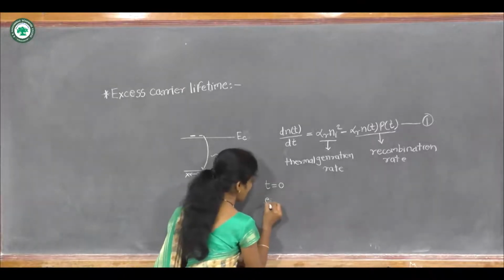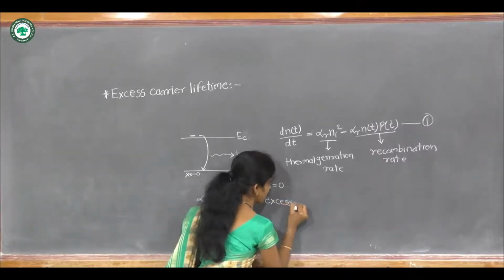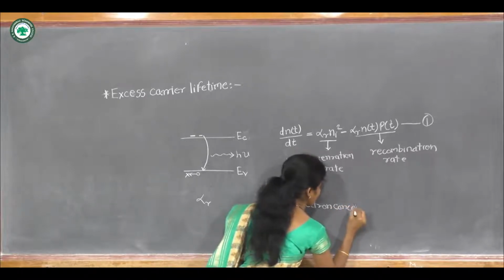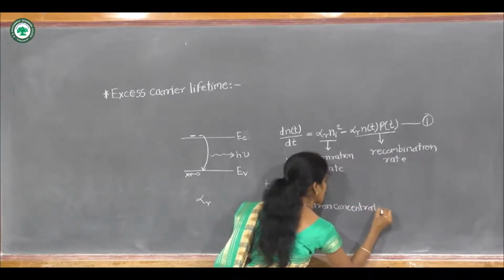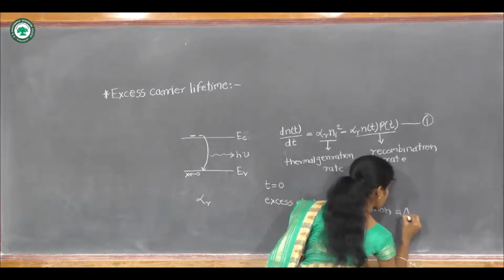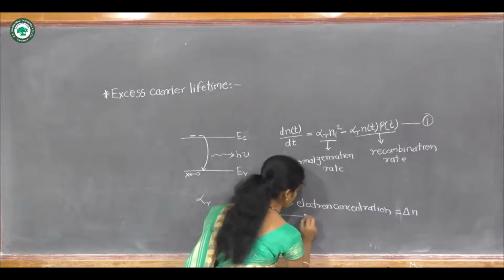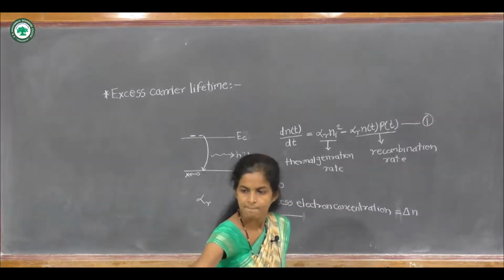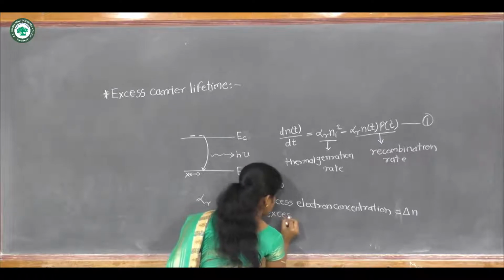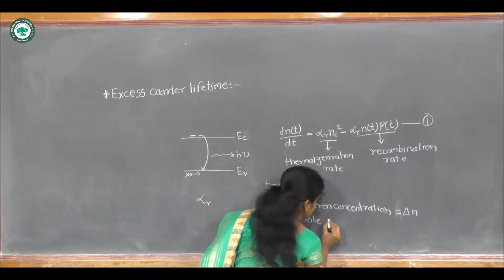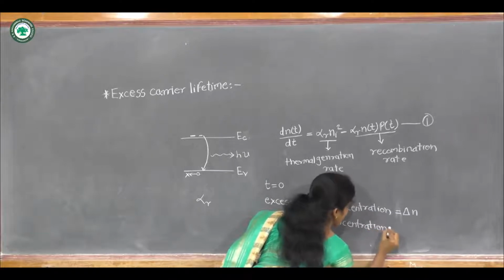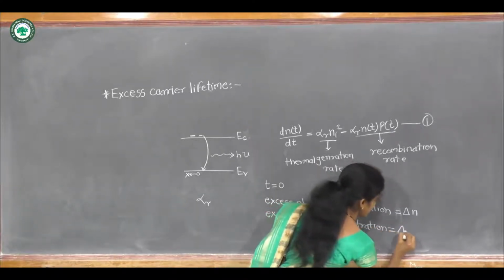That is, the excess electron concentration at time t equal to 0 is given by delta n, and the excess hole concentration is given by delta p.